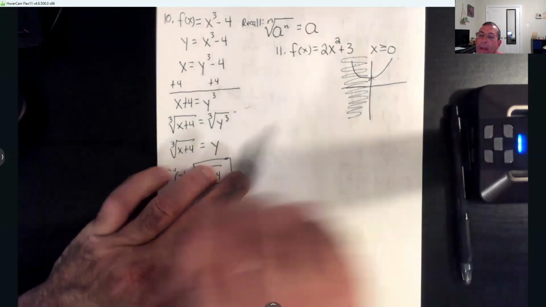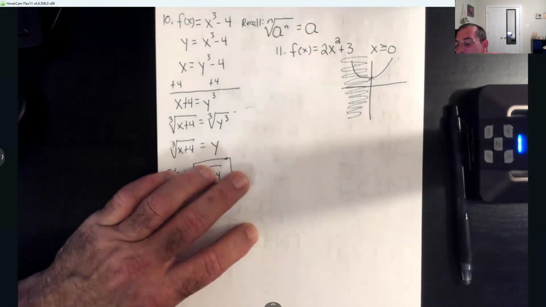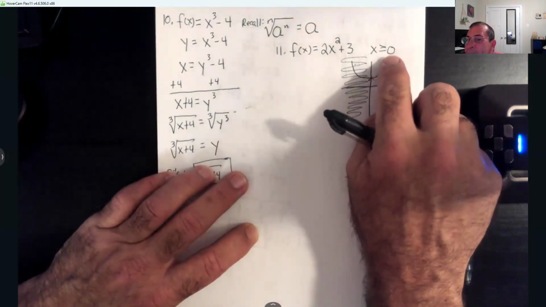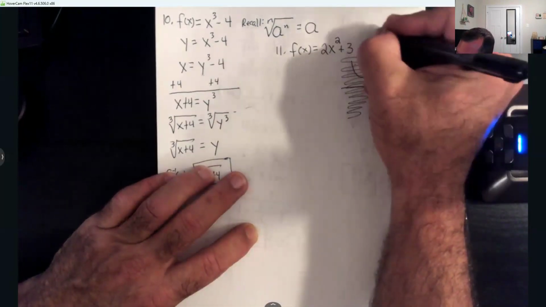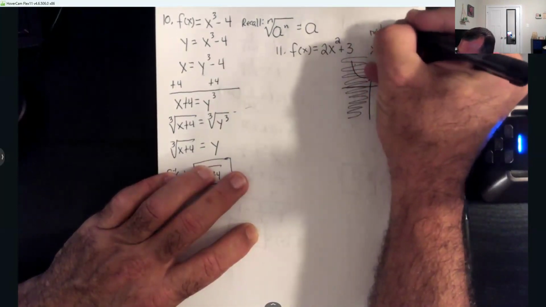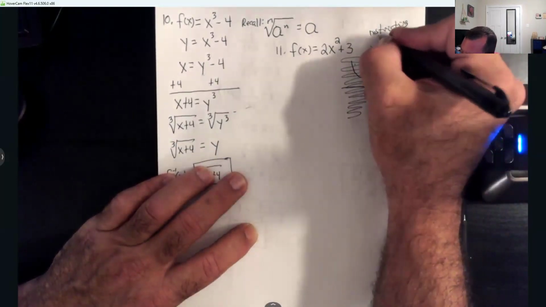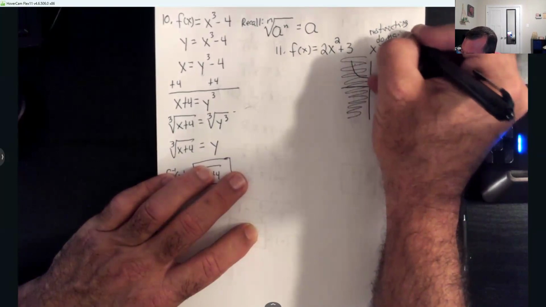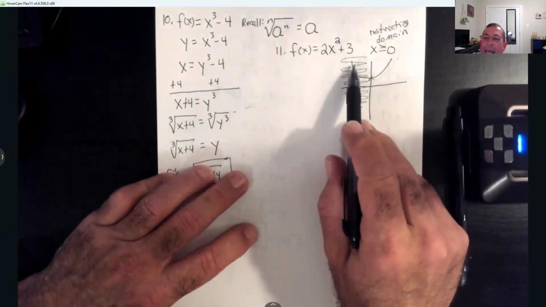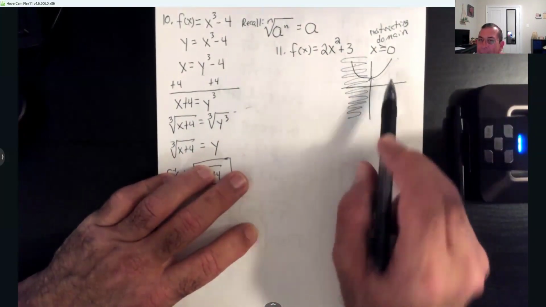That's how they can make it 1 to 1 by restricting the domain. So right here, they're restricting the domain. That way it is actually 1 to 1 if you look at that right side, okay?